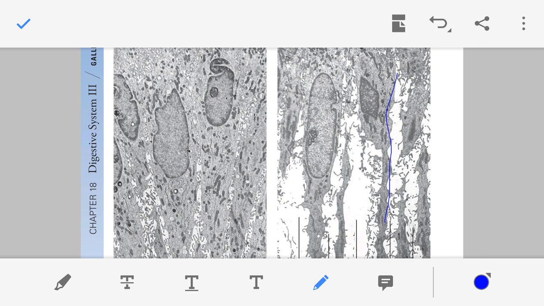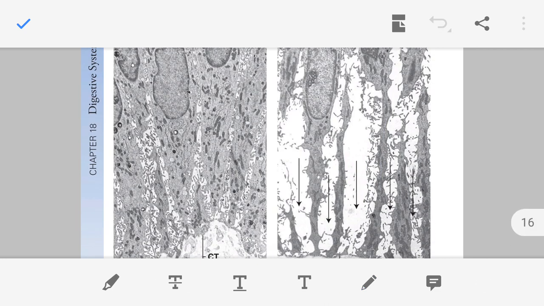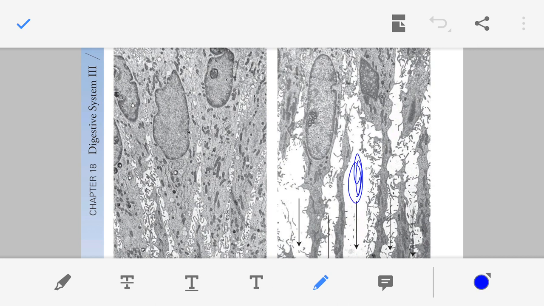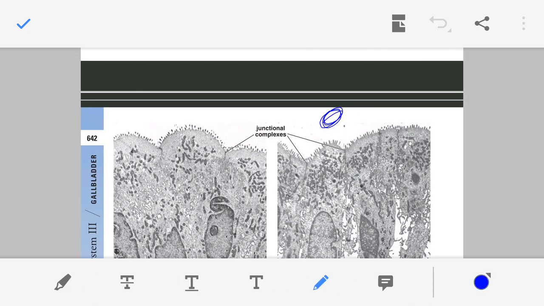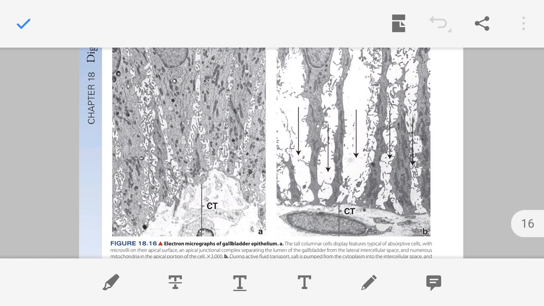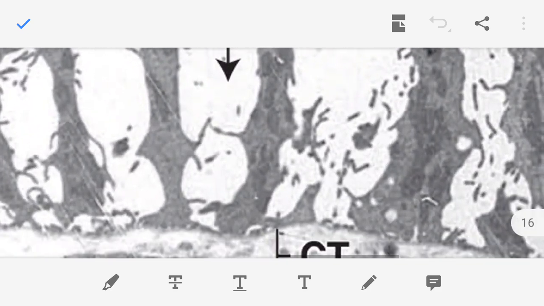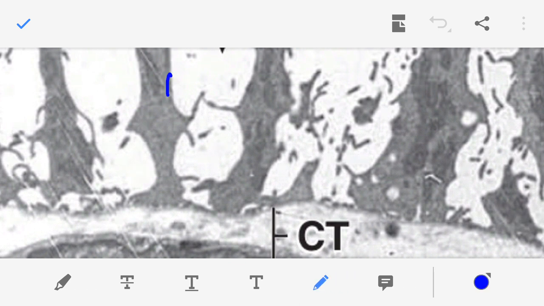This is the second cell, and in between, this white color portion is the intercellular space. Now what happens? Imagine here this is the bile, and in the bile there is water. Now this membrane, this part, right now I am showing you the basolateral membrane. This is also the basolateral membrane of the neighboring cell.